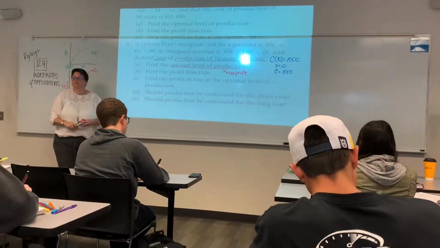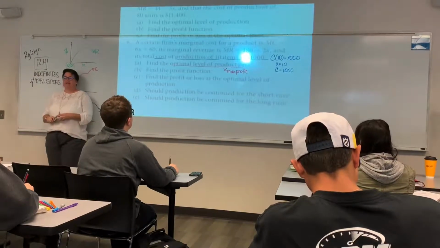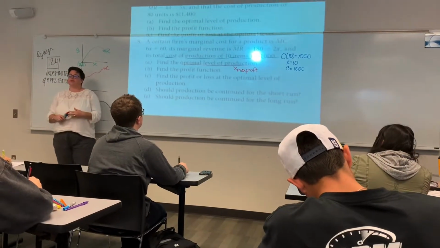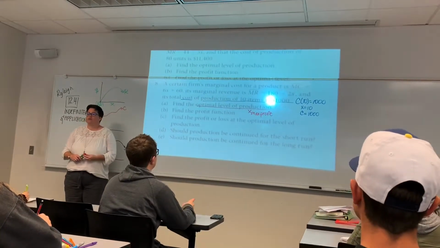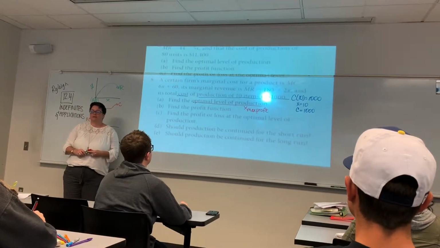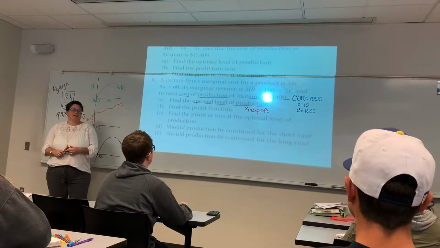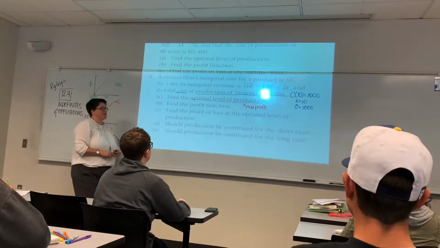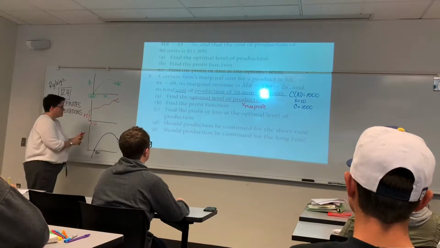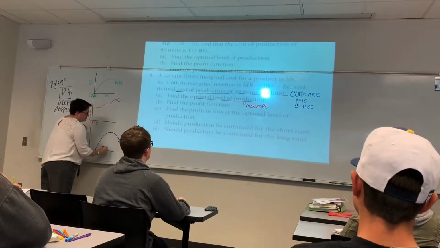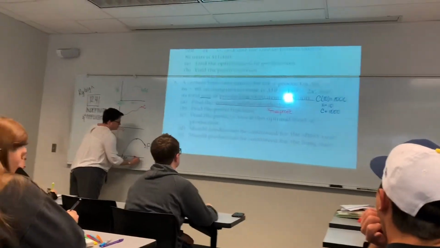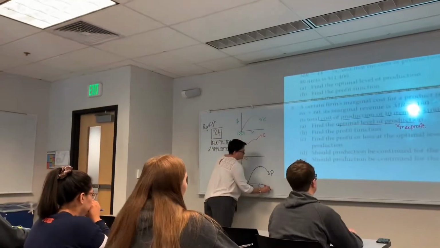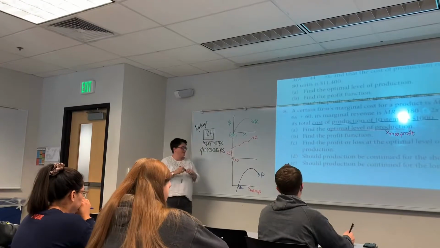They're saying how many of your thing should you produce to optimize your company? Well, what optimizes your company? Making as much money as possible, right? So we're looking for the X that gives us max profit. We're looking for this X right here, X max profit, the production level that maximizes profit.